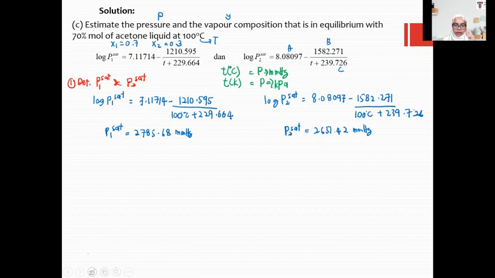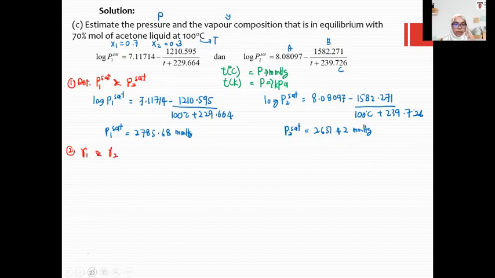And then the next step is to determine the gamma. So C is to determine gamma 1 and gamma 2.